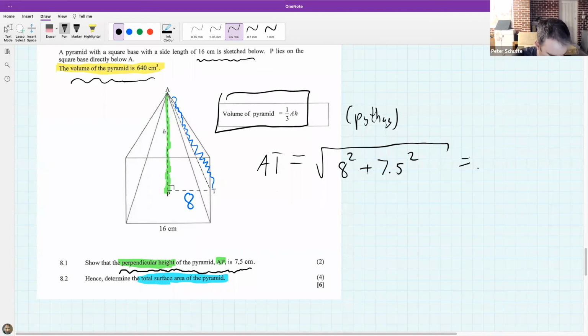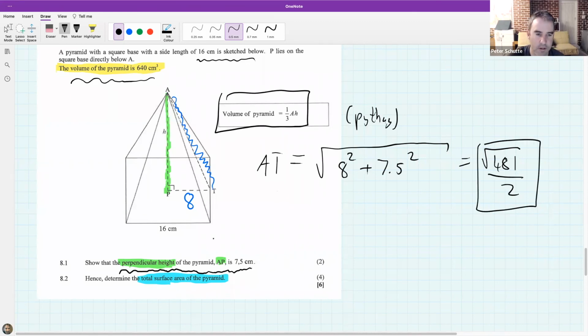So yeah, there's 2 ways you can write this. I'm just going to write it as √481. My calculator is just saying this. It looks a bit weird, but it's helpful.